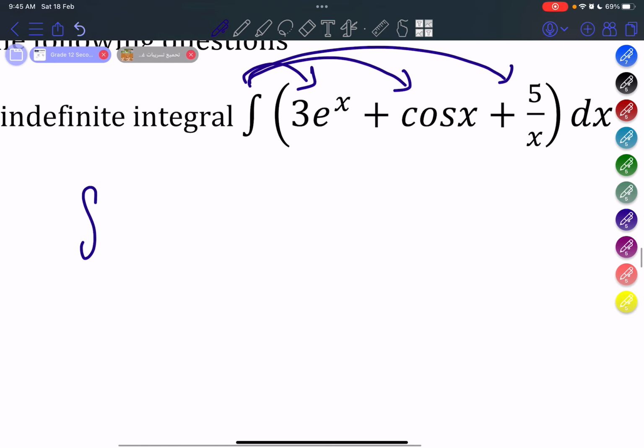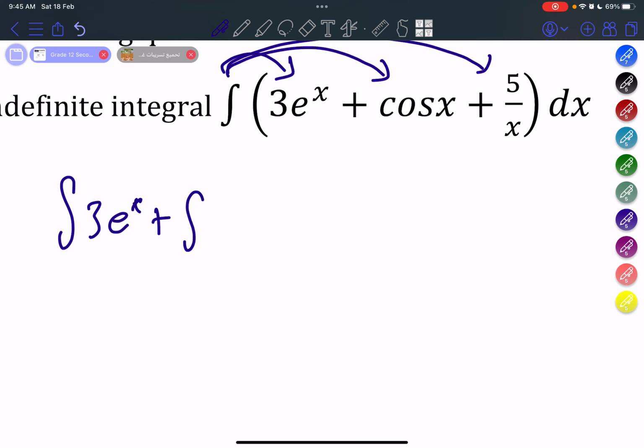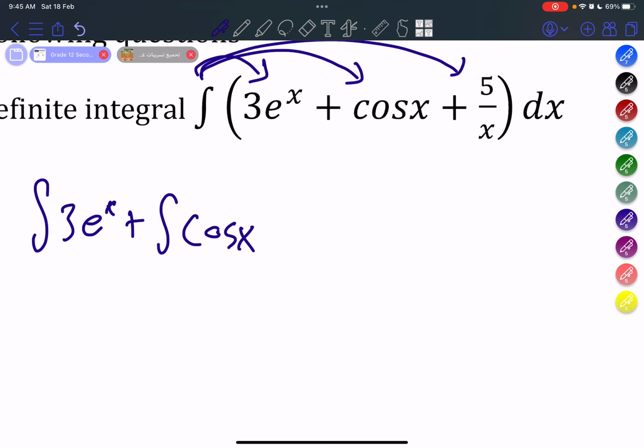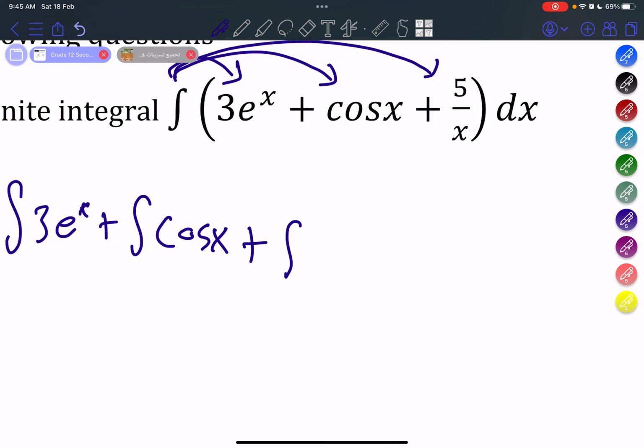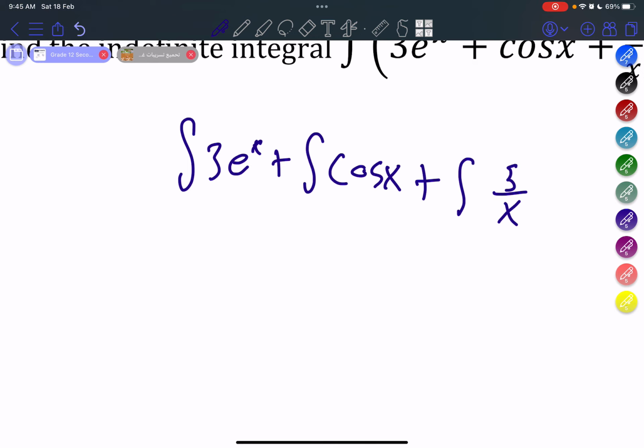It becomes the indefinite integral of 3 times e power x plus the indefinite integral of cosine x plus the indefinite integral of 5 over x. So 3 will go at the back, as we said. If we have a number, or aka a constant, behind an integral, then it can go back.